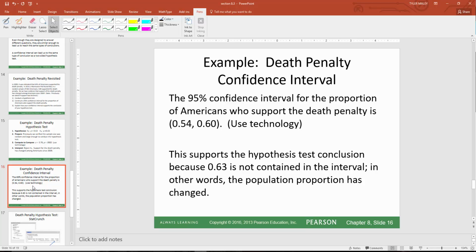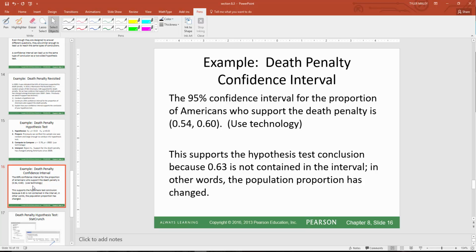Now let's make a 95% confidence interval. A 95% confidence interval for this proportion would be 0.54 to 0.60. Again, I've shown you how to do this using technology.